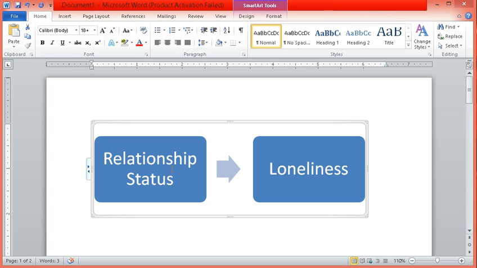So for relationship status, there are 3 levels. One is single, not in a relationship. The other one is single in a relationship, and the third one is married.